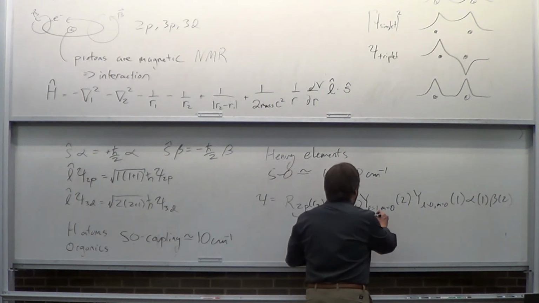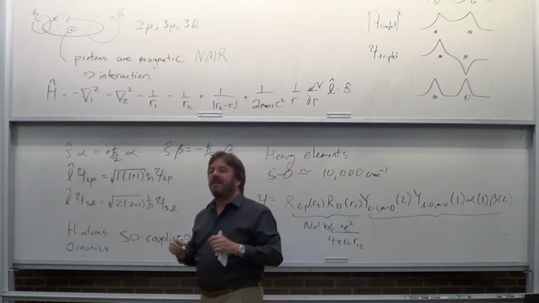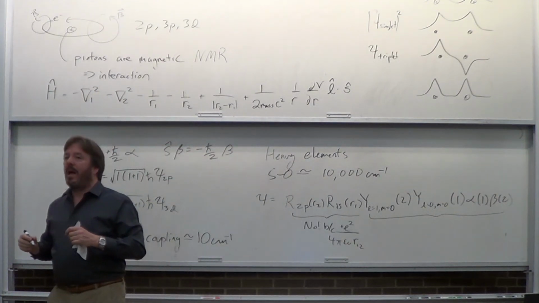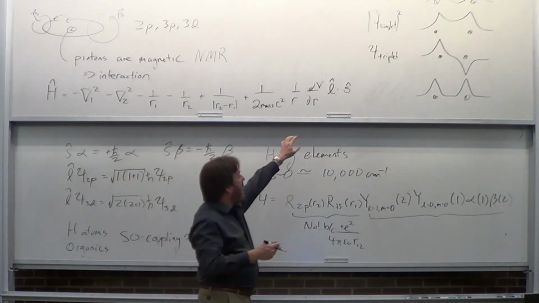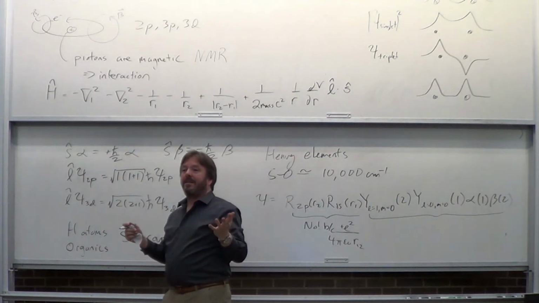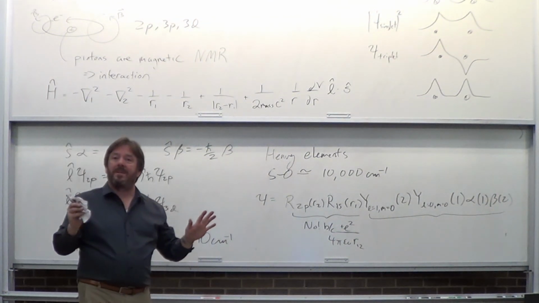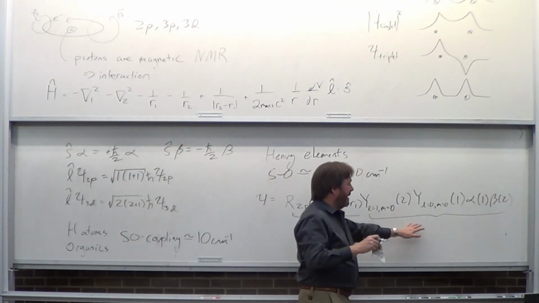But notice what I've done here. I've split off my angular and my spin parts as well, yet I've got a Hamiltonian with L and S in it. So guess what? It's non-separable. So what does that make this?